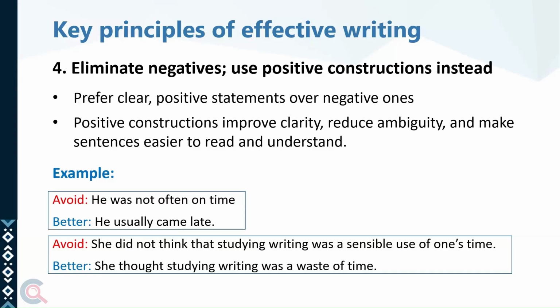If we look at the other example, she did not think that studying writing was a sensible use of one's time. You could better say, she thought studying writing was a waste of time. The first one in red is the negative form. The one in blue is the positive form. So eliminate negatives and use positive constructions instead.